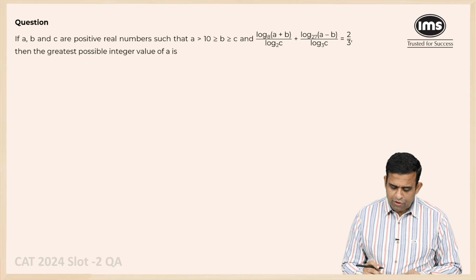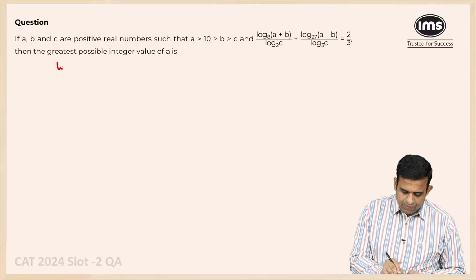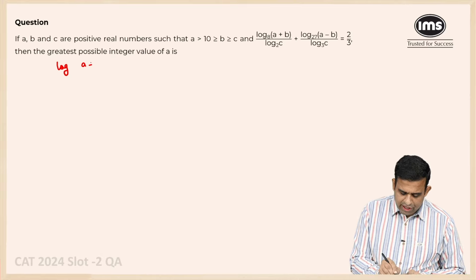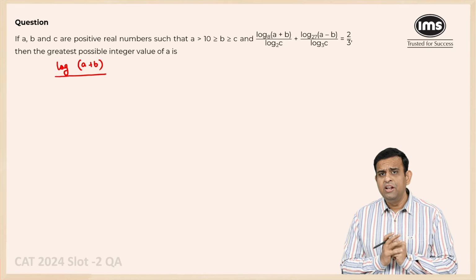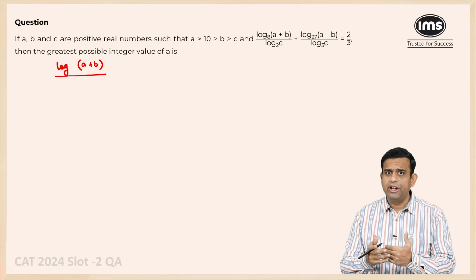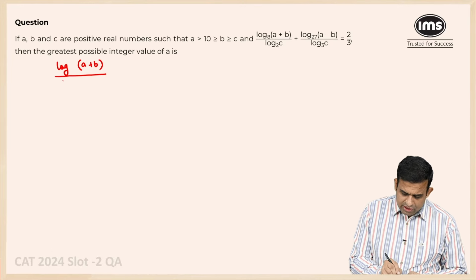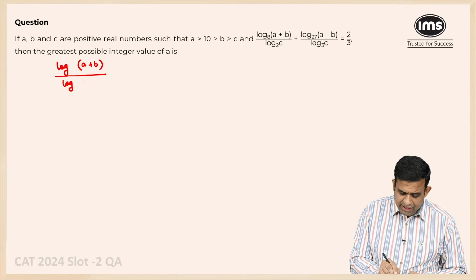If I focus on the log term over here, then this is log of a plus b, base 8. So I will write this using the property that log a to the base b equals log a divided by log b. The term I will write as log of a plus b divided by log of 8.